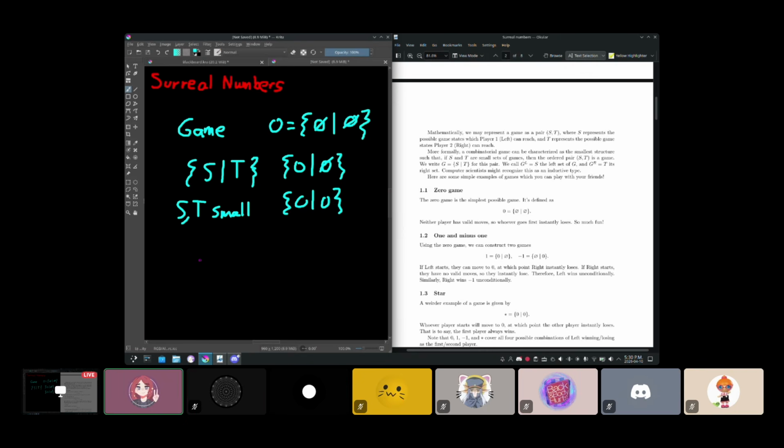Yeah, but if you really take this literally, what happens if we try to make a game where the left and right sets are the entire collection of games? That's a set theory problem, not a surreal number or game theory problem.